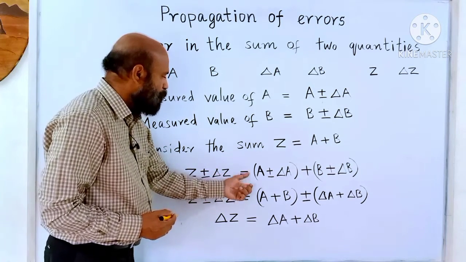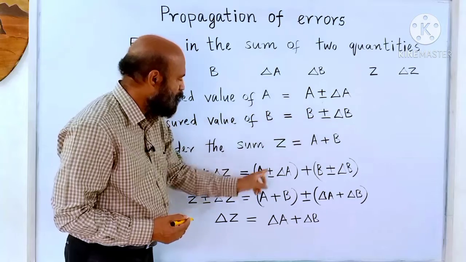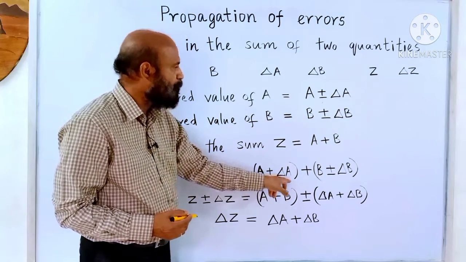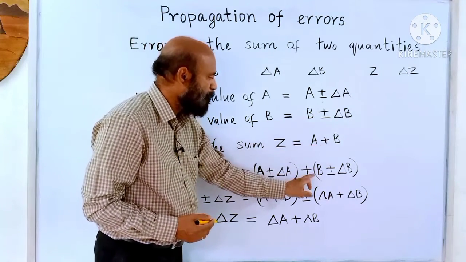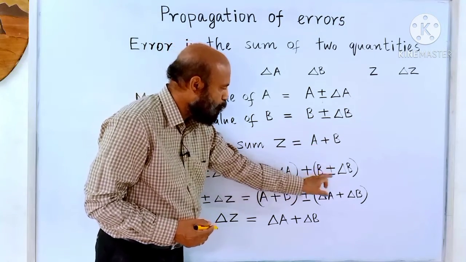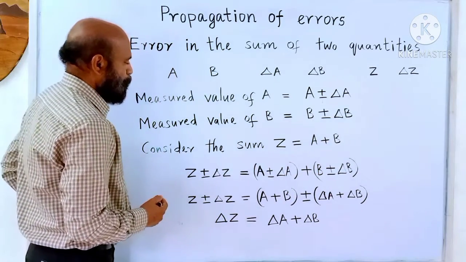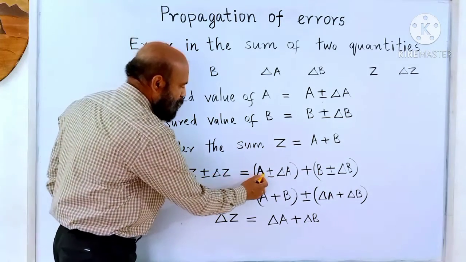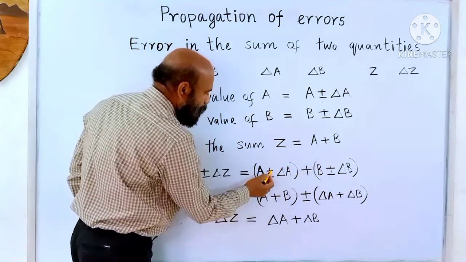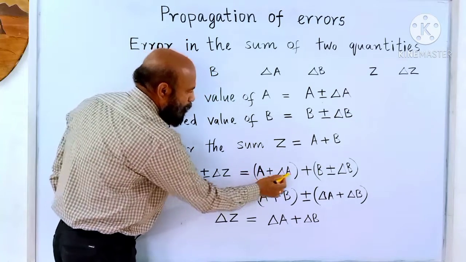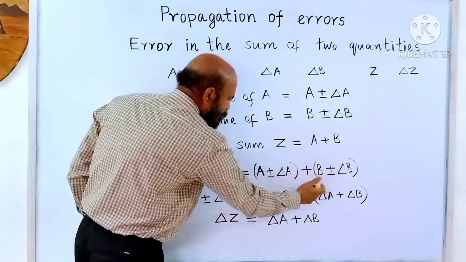That is equal to measured value of A, A plus or minus delta A, and measured value of B, B plus or minus delta B. Now we can combine A plus B. Then the plus or minus is common, so you take it outside.